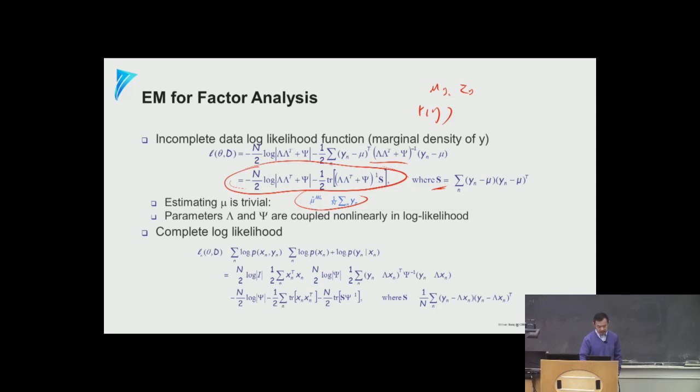But you kind of see something already a little bit tricky, right? Lambda and psi are together and in the inverse. And therefore, to compute it could be very, very difficult. Yeah, they're non-linearly coupled, right?